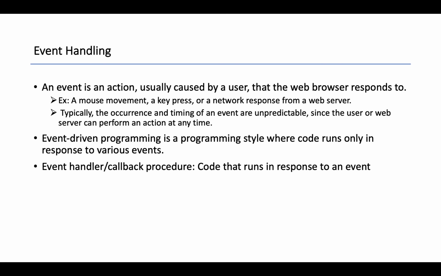So the way that we get kicked into action is via events. So events are things like mouse events, mouse clicks, mouse moves, mouse presses, a keyboard event like a key press. It could be a network response from the web server. There's events that the web browser responds to.